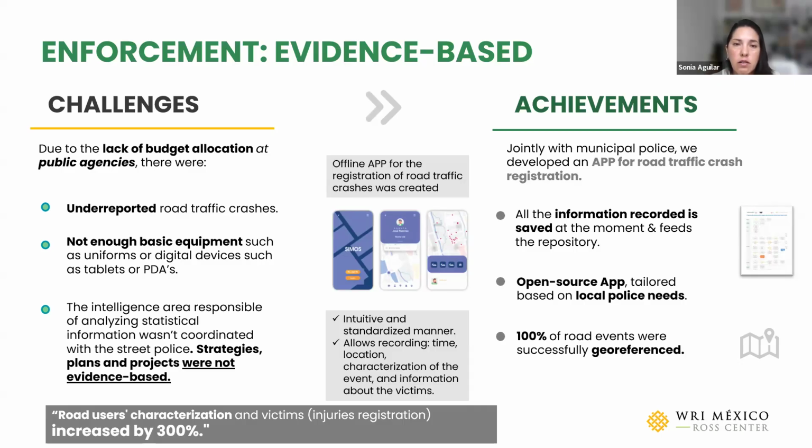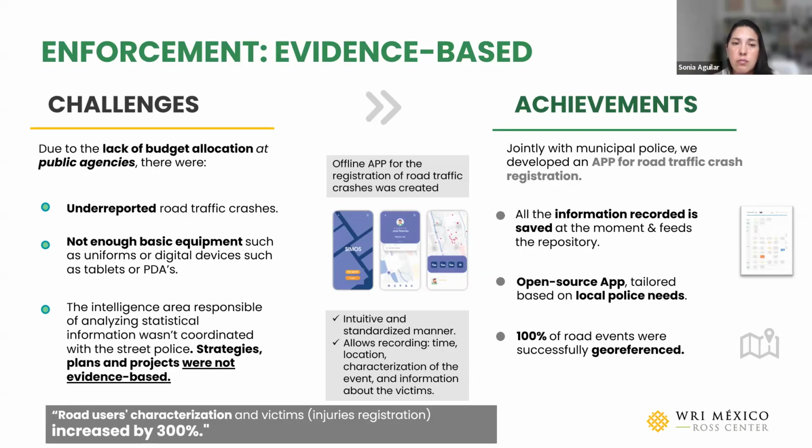What we achieved there was that the information was recorded and saved before it was underreported and lost. Through this open source, we tailored the local policies that were needed, and through having all this information integrated, we could successfully georeference the complete number of records that they received.